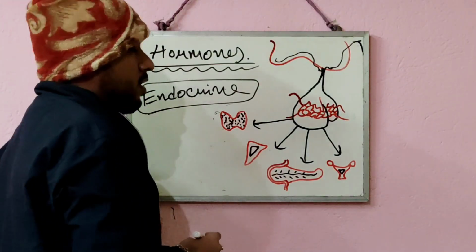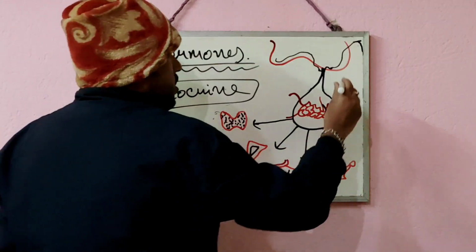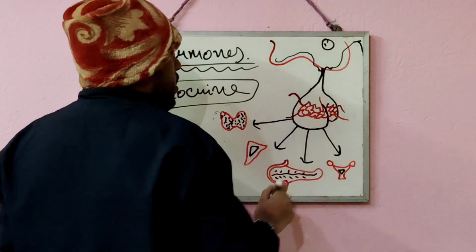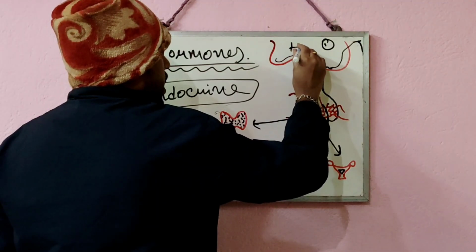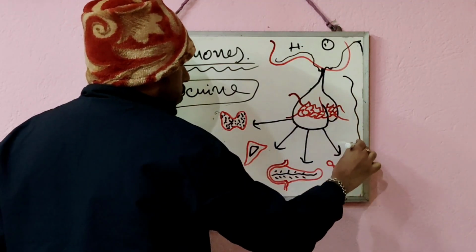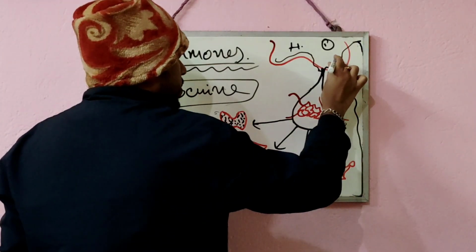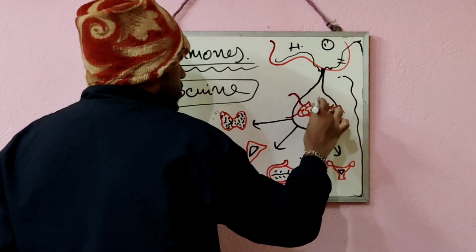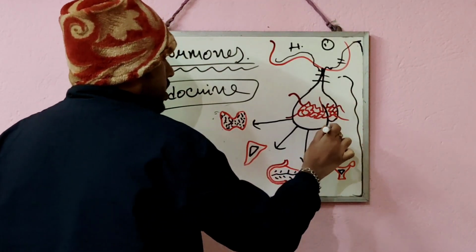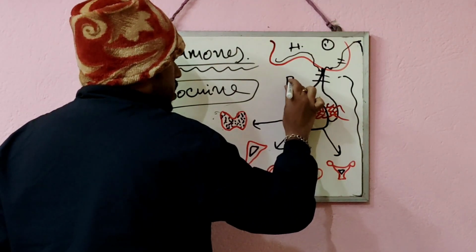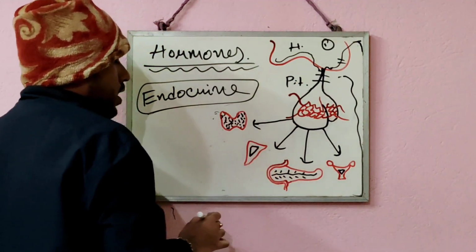Now, what are the different parts or organs related to the endocrine system? First one is the hypothalamus, which is called the bandmaster of the different cells. That means the hypothalamus generally controls the whole endocrine system present in our body. With the hypothalamus, an egg-like structure is connected by the isthmus, that is called the pituitary gland, and the pituitary gland is called the master gland of the endocrine glands.